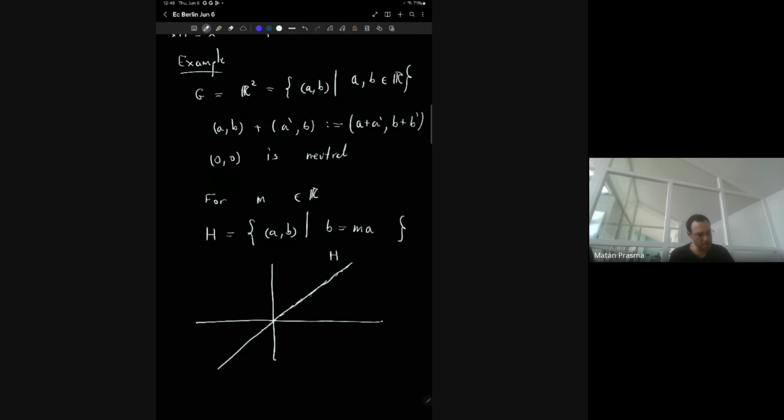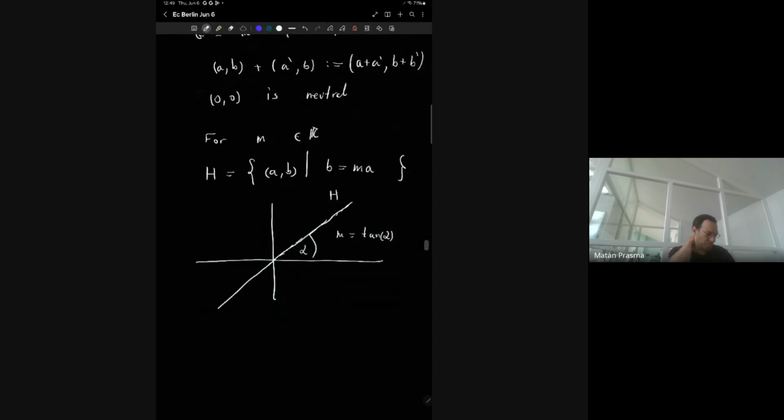Here, by the way, if this is alpha, then M is going to be, I think, tangent alpha. Okay, alpha is not used. So H is a subgroup of G.